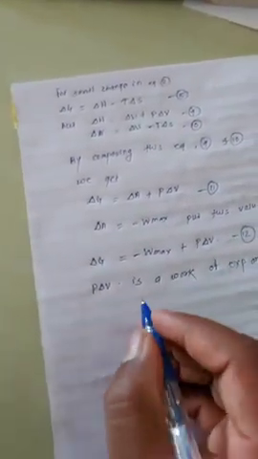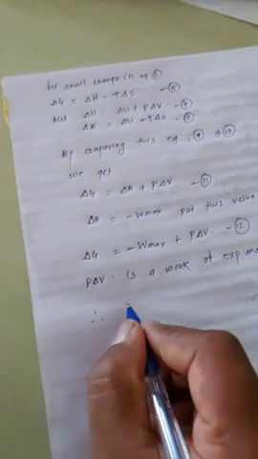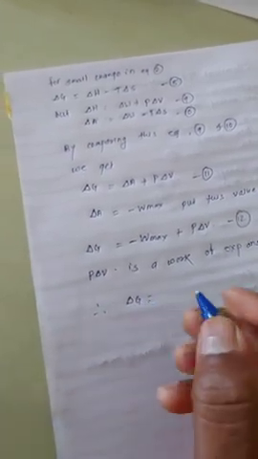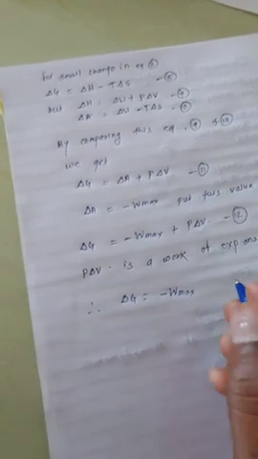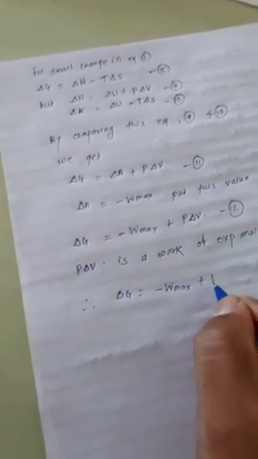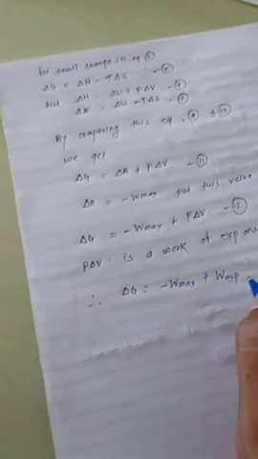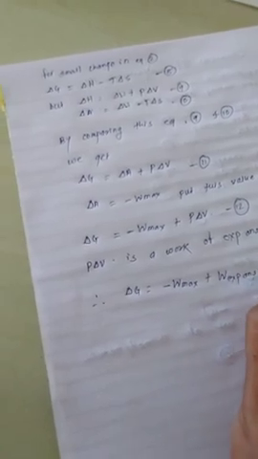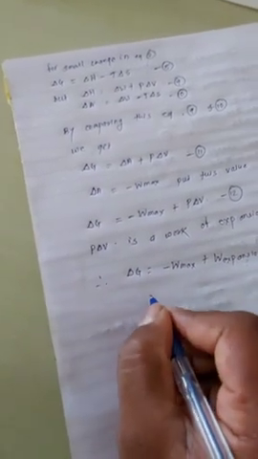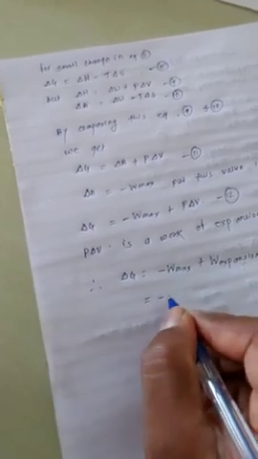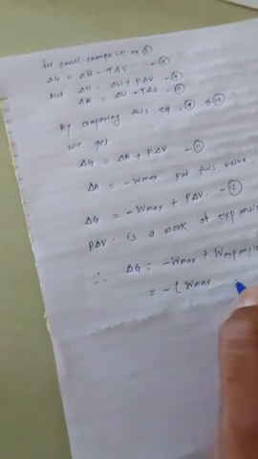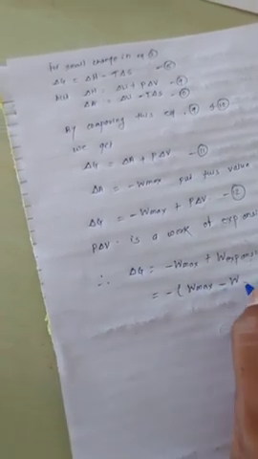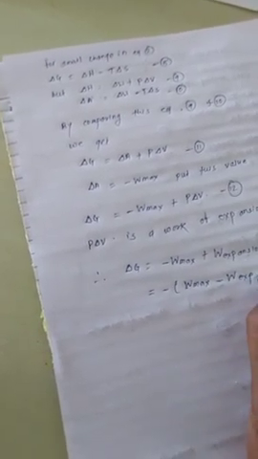Then delta G is equal to minus W max plus W expansion. Now interchange the terms or sign, that is, minus W max minus W expansion.